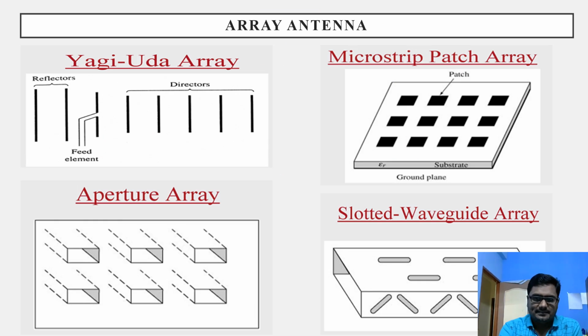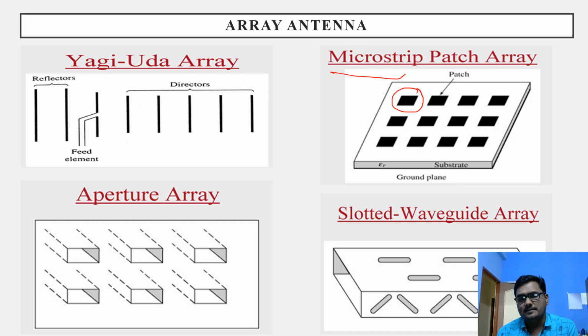It is an array antenna. Array means, see, we know that an array is basically a larger number of elements in an antenna, an array structure. See, just now we studied microstrip antenna. Only one patch was there. You remember, only one patch was there.